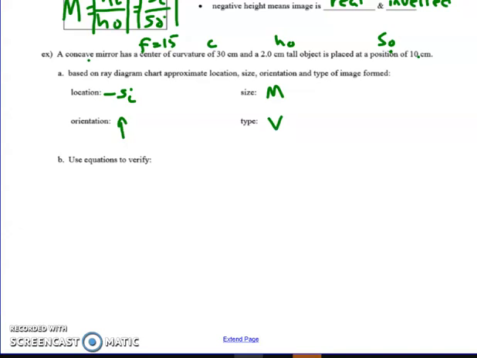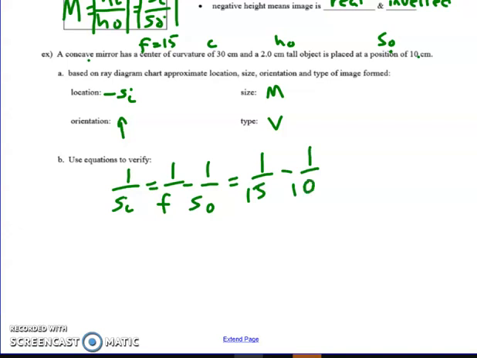I want to find the image position, so I'm just going to solve for that directly. That's 1 over the focal length minus 1 over the object distance. So it's 1 over 15 minus 1 over 10.